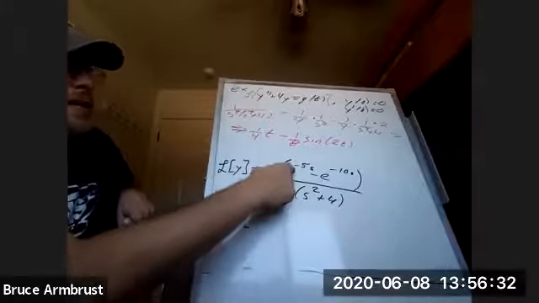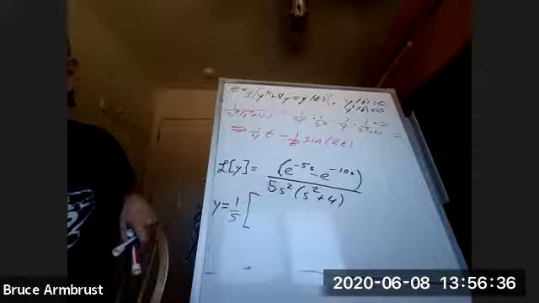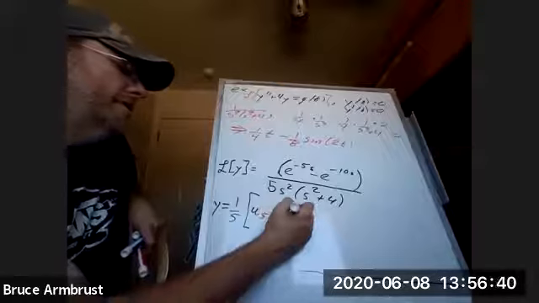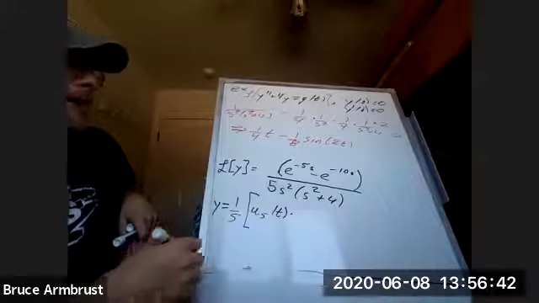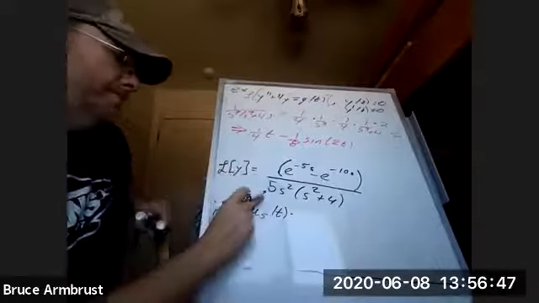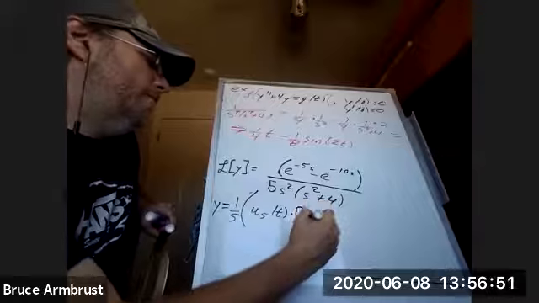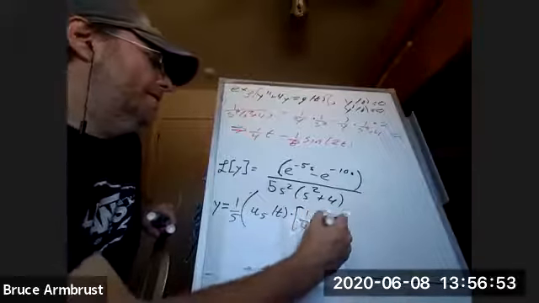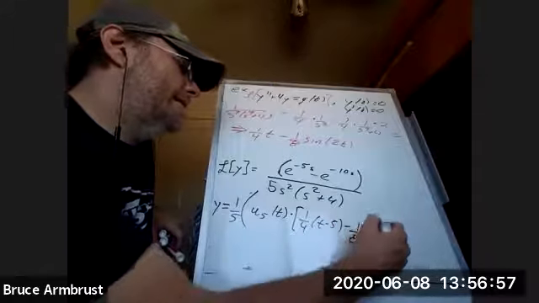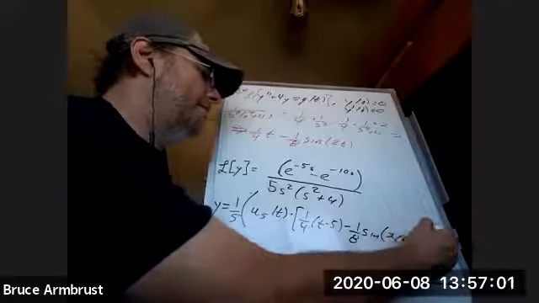We're going to have a piece that starts at t equals 5. So there's going to be u sub 5, and that's going to be multiplied by this function shifted. So we're going to get 1/4 times t minus 5, minus 1/8 times the sine of 2 times t minus 5.